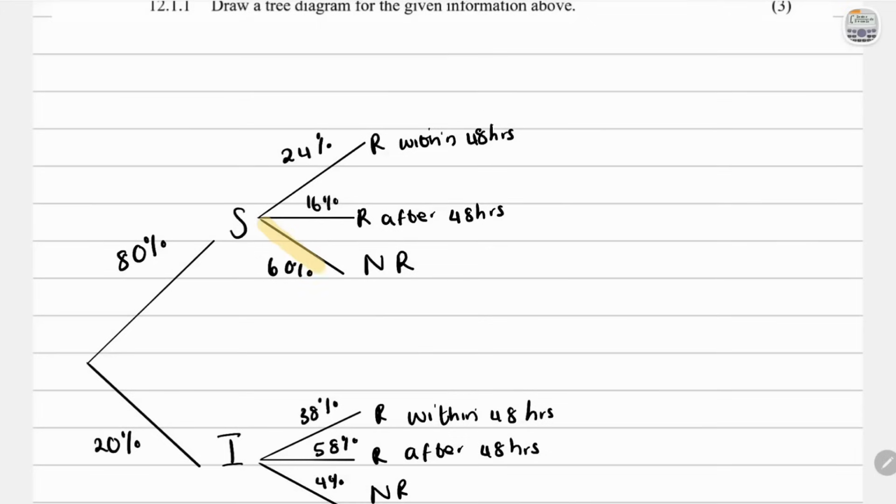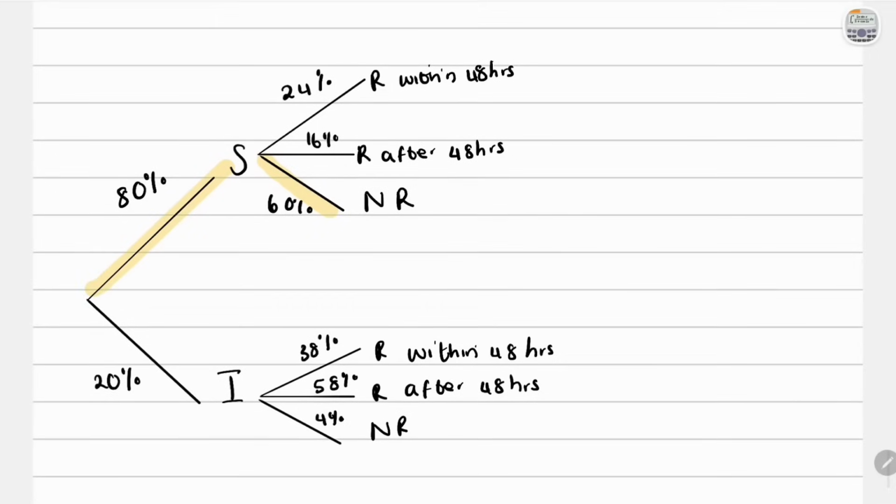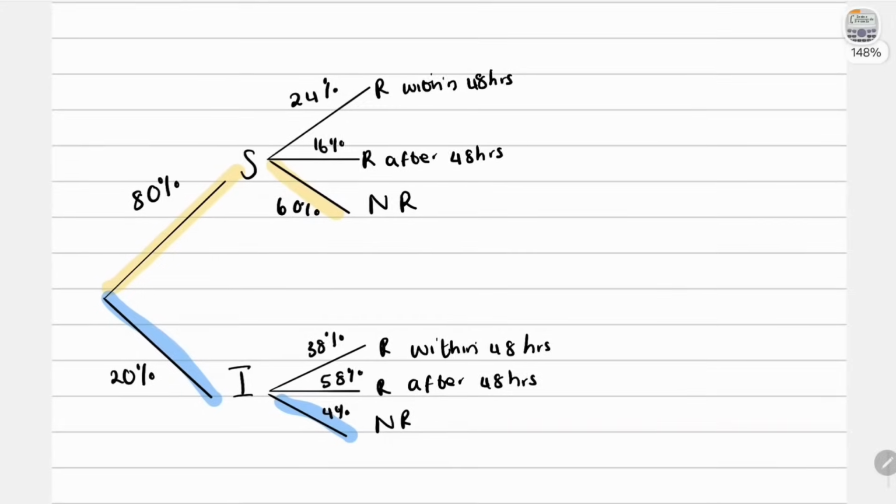So here's not recovered. So this is if it was stolen by a syndicate and not recovered, we will take that pair, okay, 80% times 60%. And that means, or we can also consider the case where it was stolen by an individual and it was not recovered. These two are applicable. We can use those two cases.